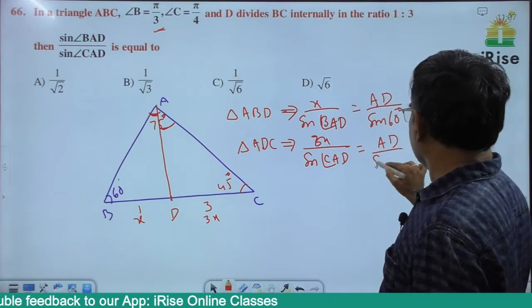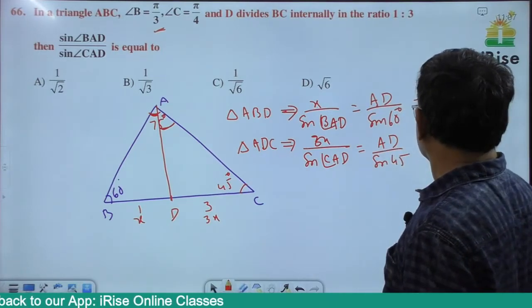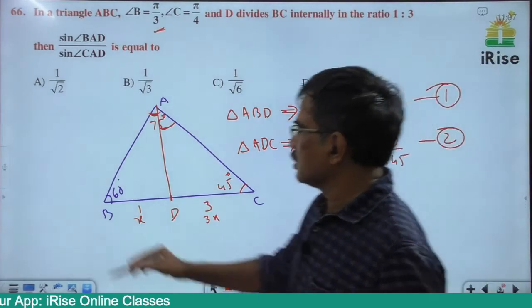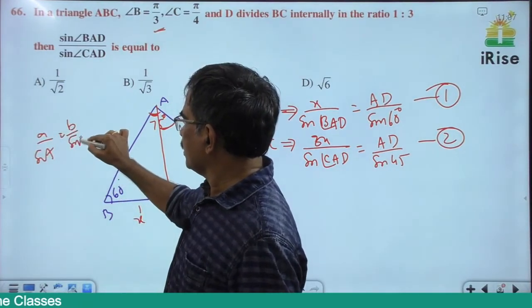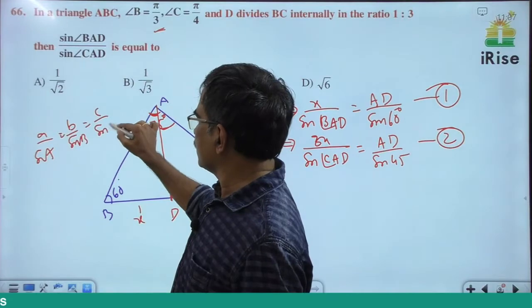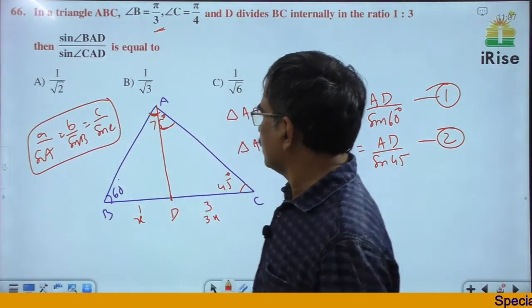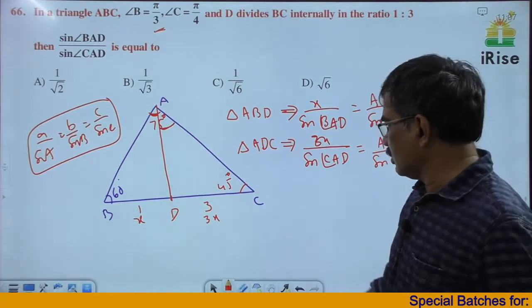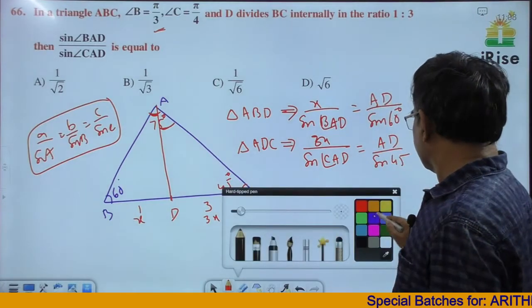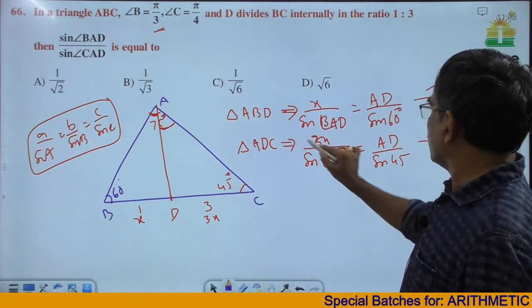This is nothing but a by sin A is equal to b by sin B is equal to c by sin C, the sine rule applied here. For one triangle this is the condition, for this triangle this is the condition. How to eliminate AD here? I want to eliminate AD by dividing these two.